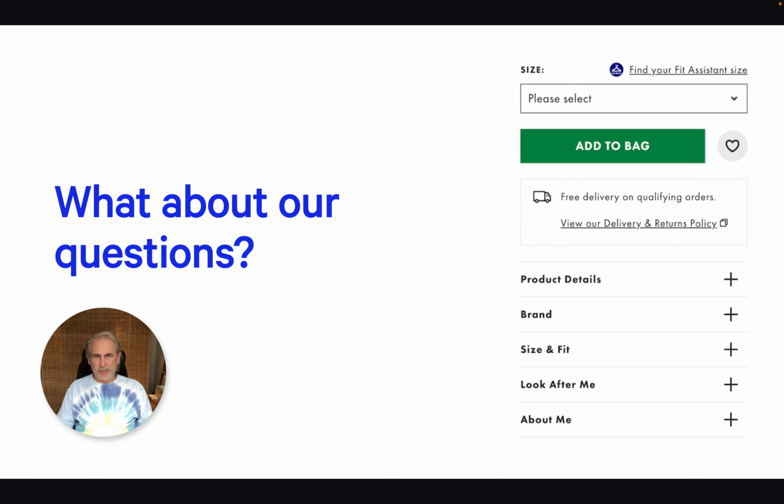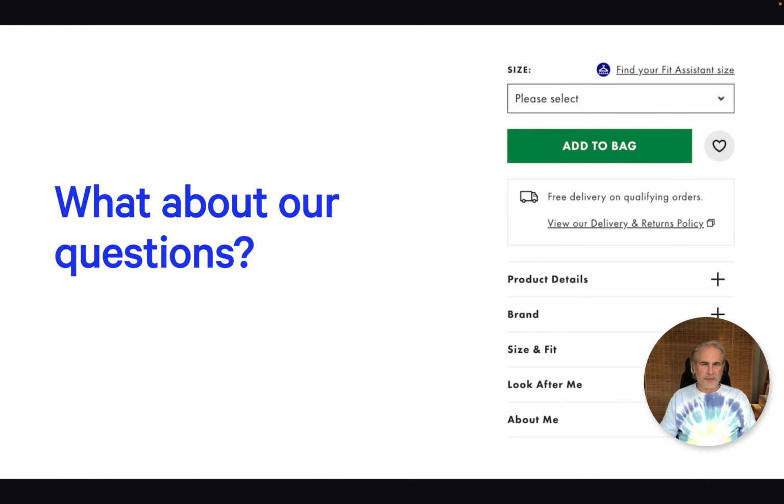Because we have questions, as we talked about before. We have these very obvious questions about the product itself, and we also have the supplementary questions about delivery and trust and all that stuff.